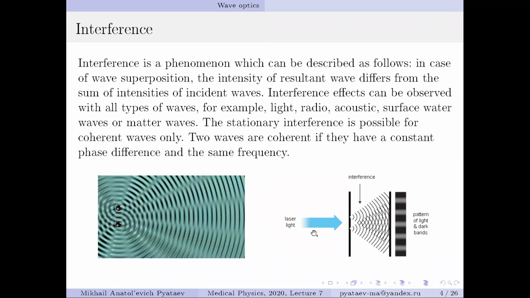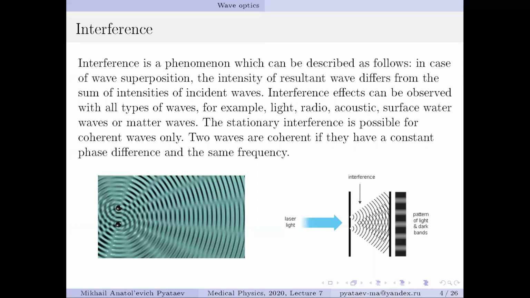Now, the next phenomenon we will discuss briefly is interference. Interference can be described as follows. If there is a superposition of waves, then the intensity of the resultant wave differs from the sum of intensities, because in the case of coherent waves, not intensities but amplitudes are added, and actually not even amplitudes, the signals themselves are added.